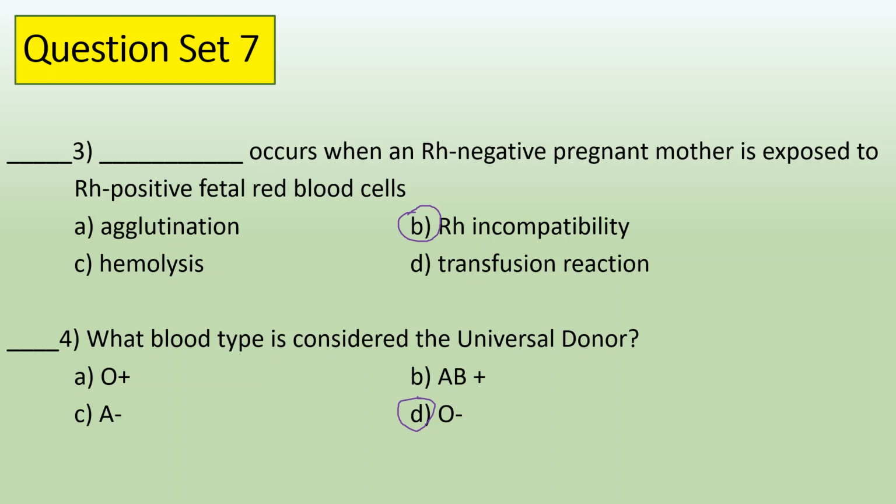And then number 4, what type of blood is the universal donor? Well, it's going to be the red blood cell that doesn't have any antigens at all. And the only blood type that has no antigens, either in the ABO or the Rh system, will be an O negative individual.